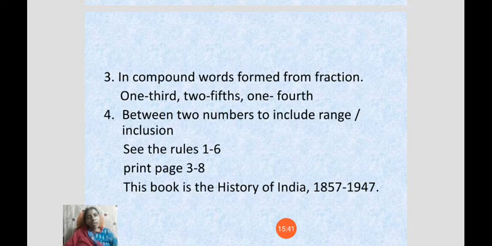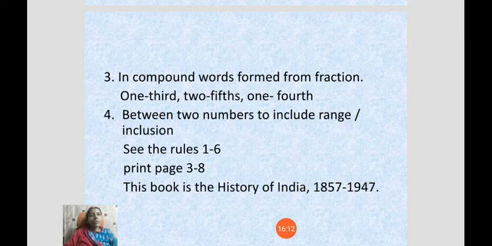But instead of writing in numerical form, if we write them in words, like 1/3, "one by three" can be written as one-third. Two-fifths, one-fourth, three-sixths, or three-sevenths. In this way, if you are writing it in the form of words, then we need to use a hyphen in between.